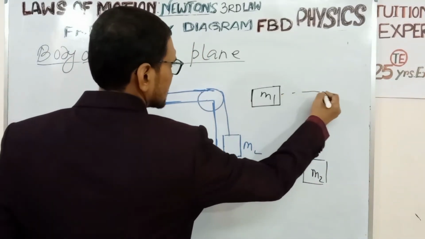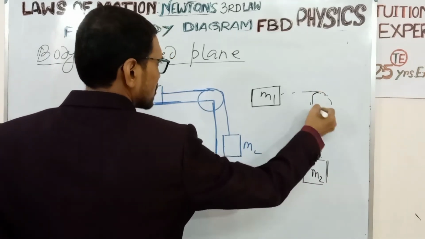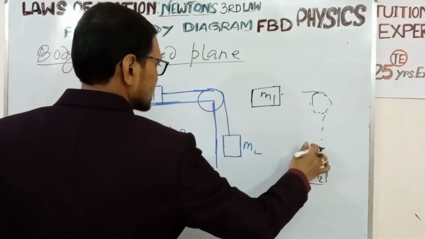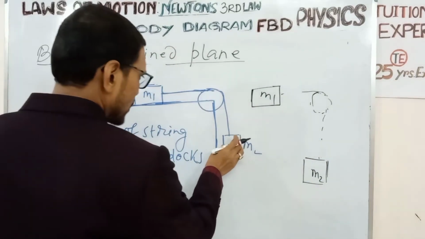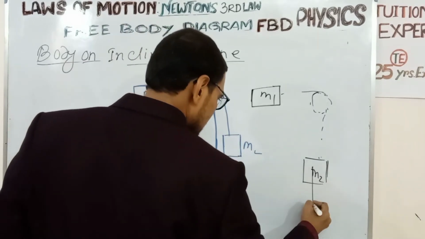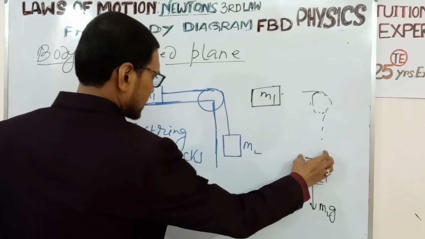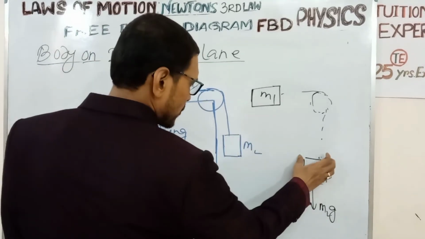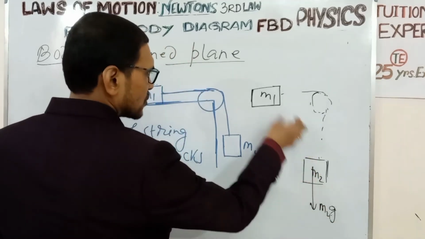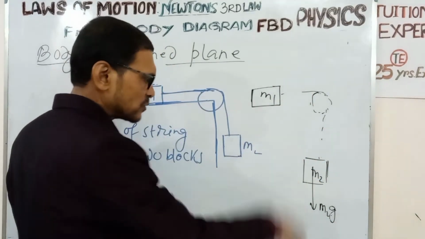Now we have to draw the free body diagram. So separate these two bodies. Now the weight of this body acts vertically downward. The body is hanging, so weight acts vertically downward. Now if the body moves in this direction, then automatically this body prevents the block from moving downward.